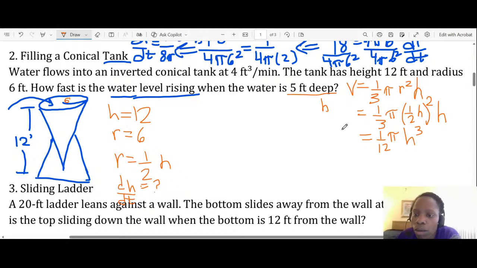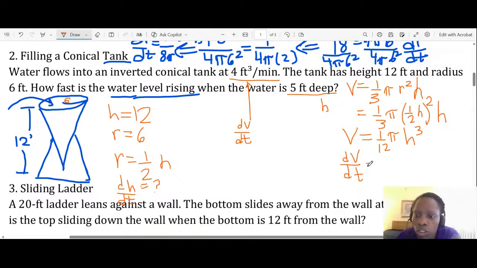Okay, so now we can take the derivative, dV/dt, because it says water flows in. So that right there is our dV/dt. I should have identified that already, but anyway.